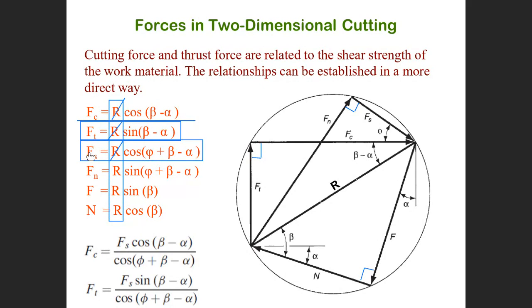You divide Ft and Fs. R goes with R. Then Ft equal to Fs sine beta minus alpha divided by cosine phi plus beta minus alpha. You can use any two equations to obtain the relation between any two force variables.